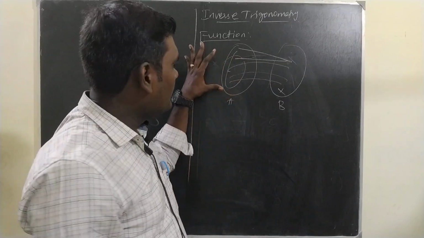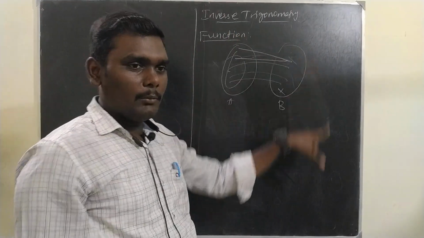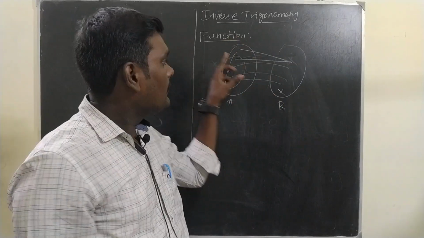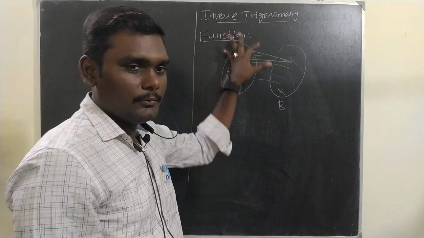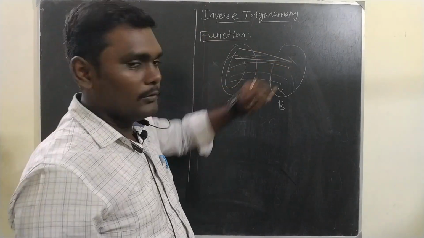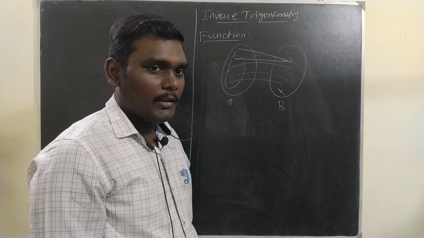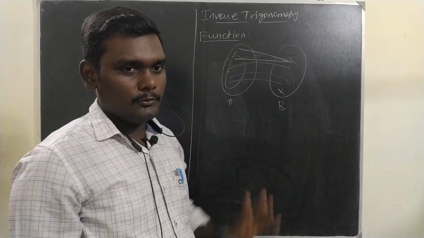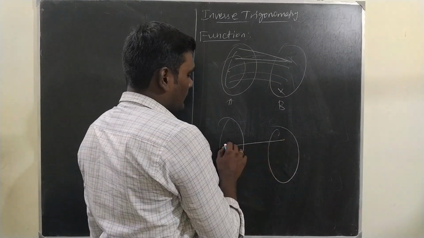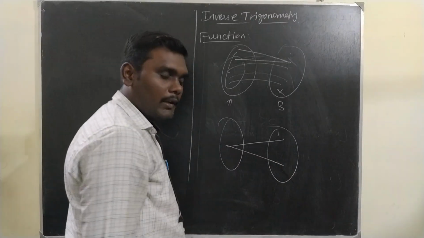How can we recall this? This is schools, that is boys. Here all the boys should go to school. Two persons can go to one school, but one person should not go to two schools. So in this diagram, one function is defined.